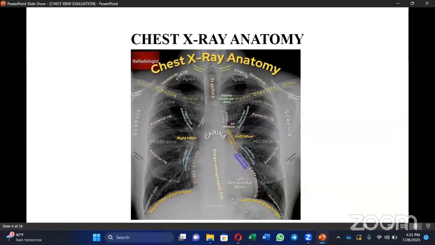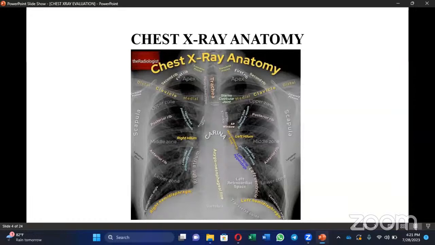Also, we use the scapulae, the two scapulae. All right, that's the plural. Singular is scapula. We use the two scapulae to differentiate between a PA and an AP image. So for a PA image, it means that the patient is very capable, the patient is very strong, and the patient was able to stand to do the radiologic examination.